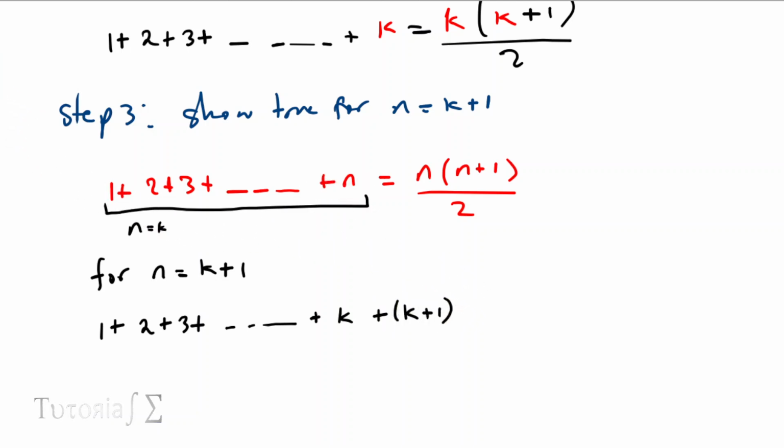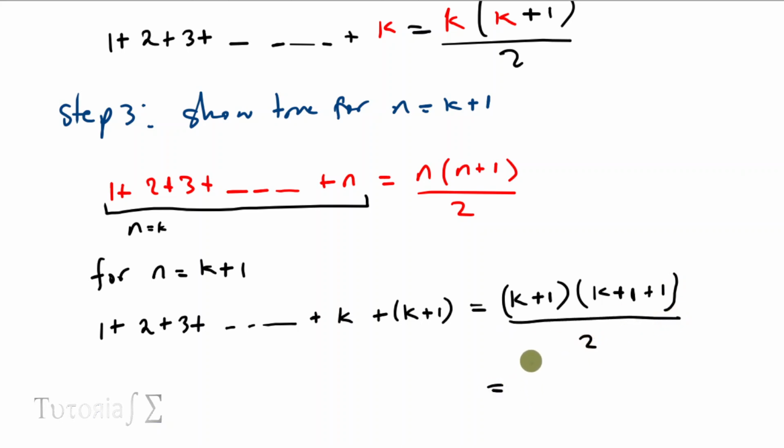Now, having that said, we've replaced k, there will be this. Then k plus 1 will be the number after k. That is what you should do always. And on this side, we can replace n with k plus 1, so we're going to have k plus 1 open brackets k plus 1 plus 1 all over 2.